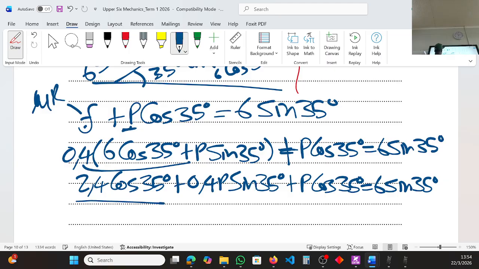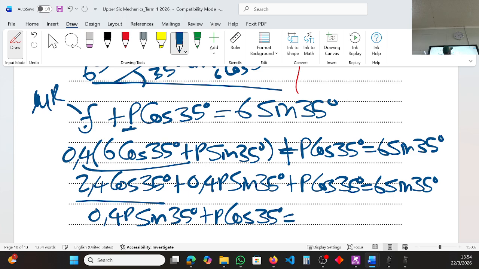If I look at this part, it doesn't have P with it, so I can easily transpose it to the other side. So I'll end up having 0.4 P sine 35 plus P cos 35 being equal to 6 sine 35, then I'll subtract this part, which is minus 2.4 cos 35 degrees.